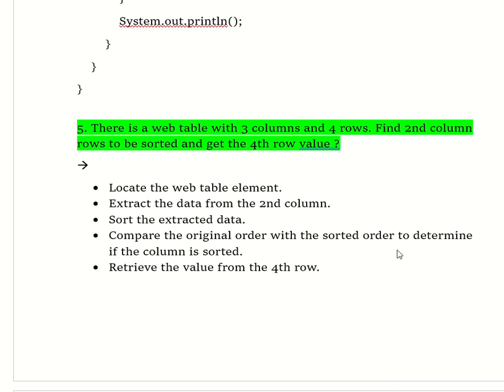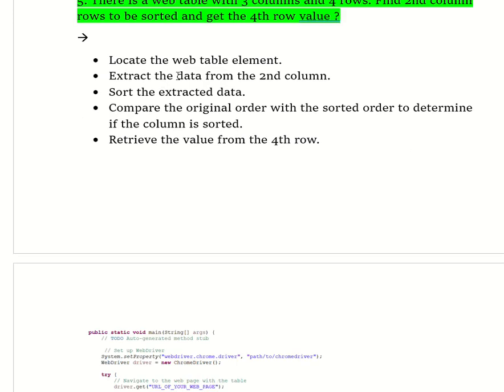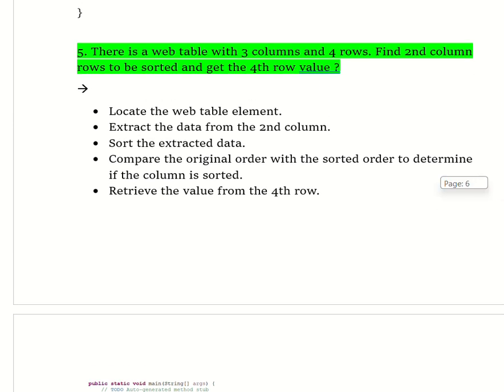Now move to the fifth question. The fifth question is: there is a web table with 3 columns and 4 rows, and we have to find whether the second column is sorted and get the fourth row value. For that question, we first have to locate the web table.